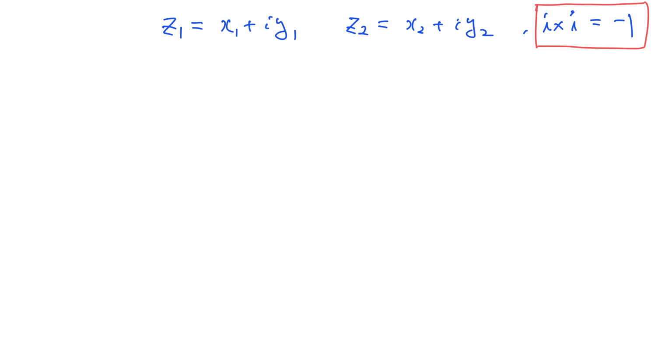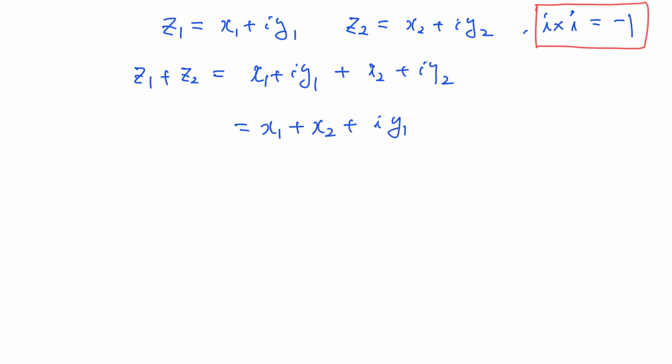And we can add them together, z1 plus z2. x1 + iy1, x2 + iy2, gives x1 + x2 + iy1 + iy2, and we can combine them together: (x1 + x2) + i(y1 + y2).